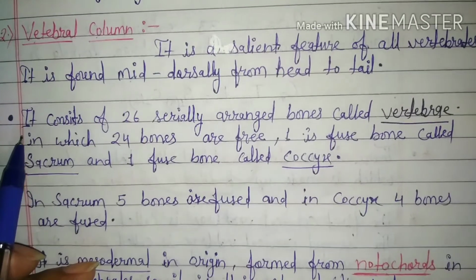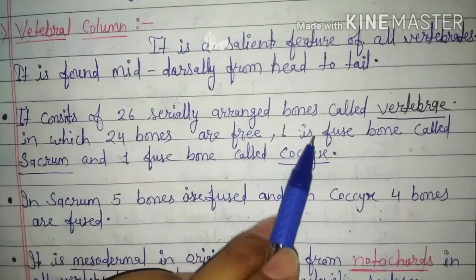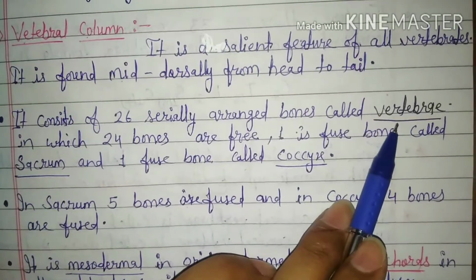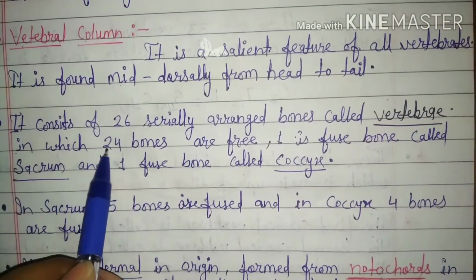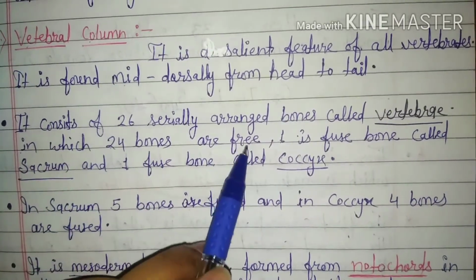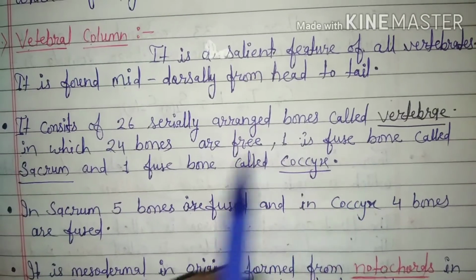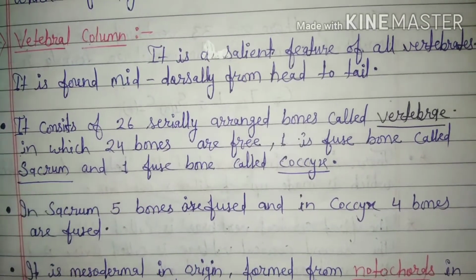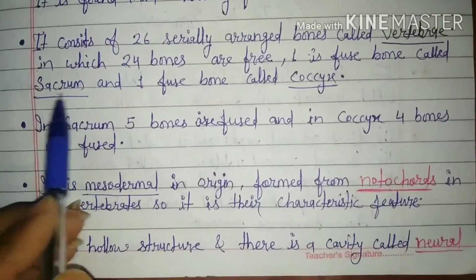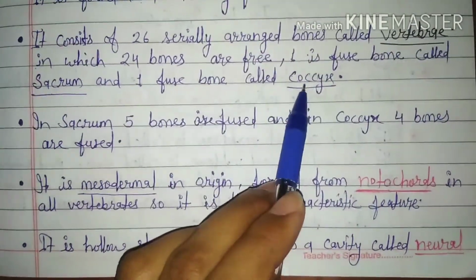It consists of 26 serially arranged bones called vertebrae, in which 24 bones are free. One is a fused bone called sacrum, which is triangular in shape, and one fused bone called coccyx.